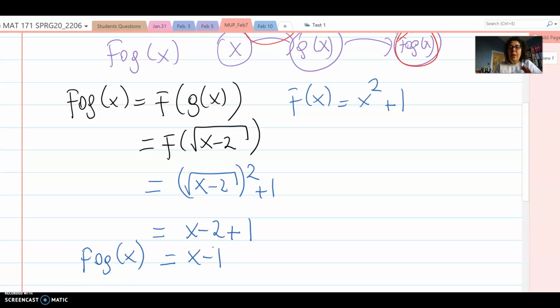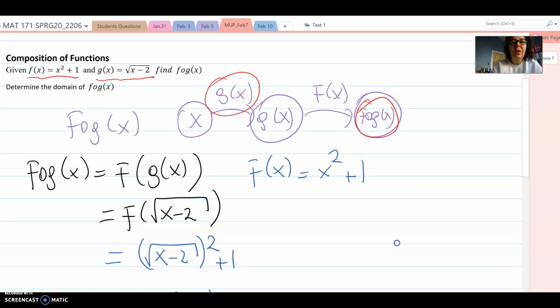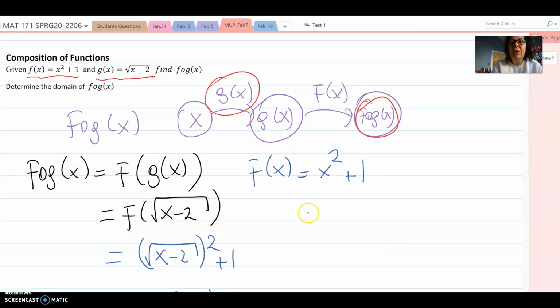Now we're going to decide the domain. If we just look at this function without thinking about the composite action, we would say that the domain will be all real numbers, negative infinity to positive infinity. But that would not be right, because our inside function, g of x, is the square root of x minus 2, right?